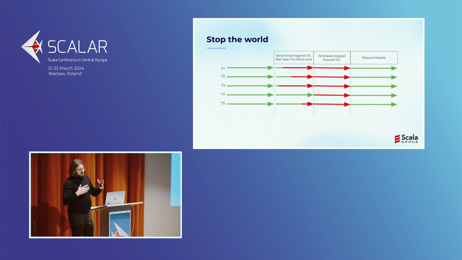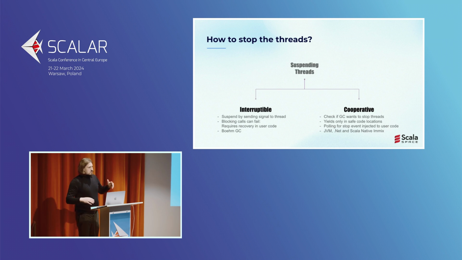So for example, we can introduce some concept of stopping the threads and later resuming them after we finish garbage collection. But how can you actually achieve something like that? After all, you might be executing something that should remain atomic, or you might lose some references.